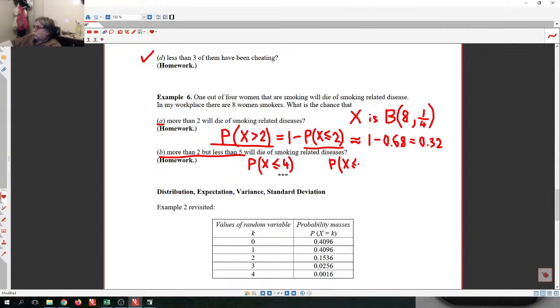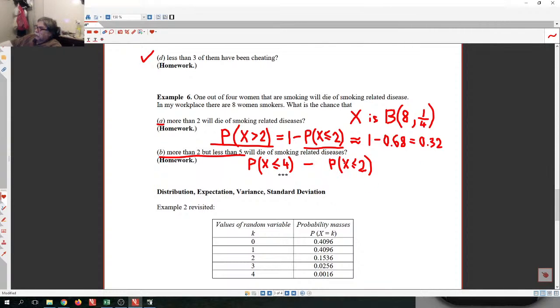So again, you have it on your calculator. Each one of them is a CDF. I got the CDF for 2 and the CDF, the accumulation, for 4. Okay? So when you subtract this, you're going to get 3 and 4.